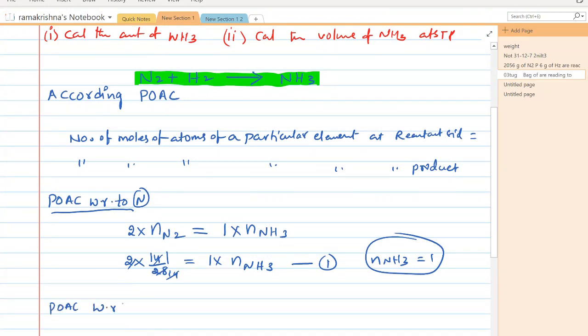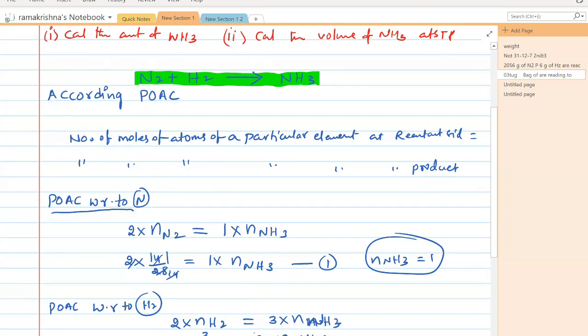Otherwise, you can take it with respect to hydrogen also. So what is that? 2 into number of moles of H2 equals 3 into number of moles of NH3, or not? What have they given? 2 into weight by molecular weight, 2 into 3 by 2, which is equal to 3 into number of moles of NH3.